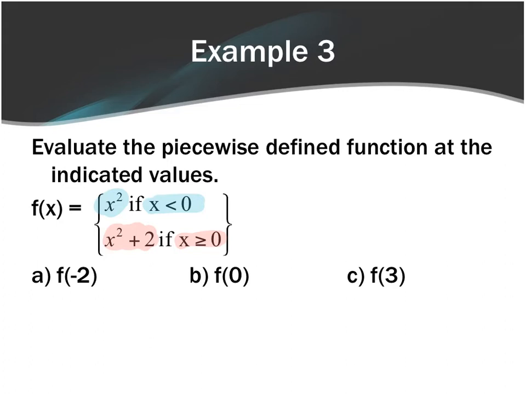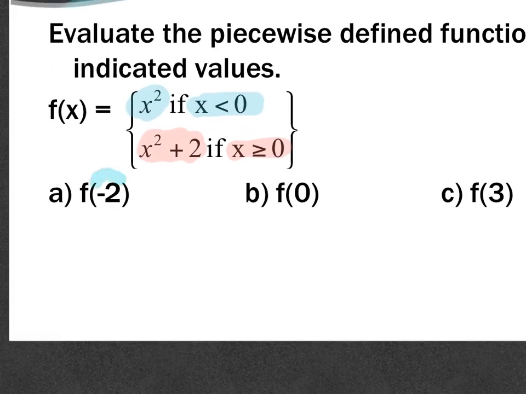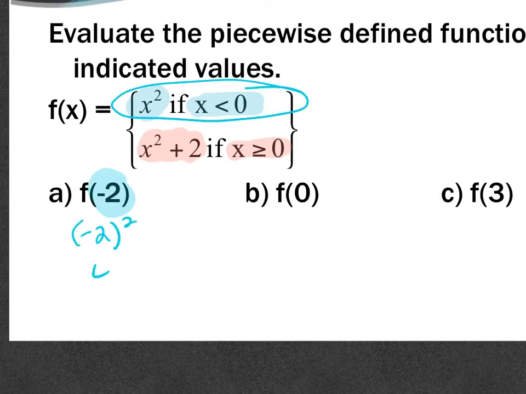So the first thing we're going to do is figure out, is the number I'm plugging in part of the less than 0 or the greater than or equal to 0, and then from there plug it in. So for f of -2, is -2 less than 0 or greater than or equal to 0? Less than, which means I take this equation, which is just square it. So -2 squared is 4. F of -2 is 4.